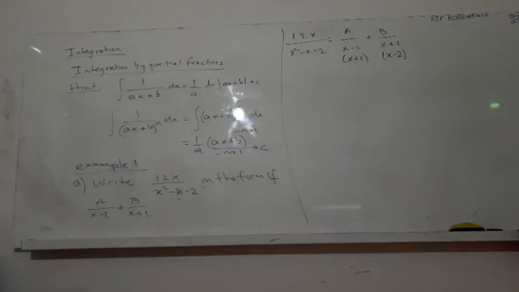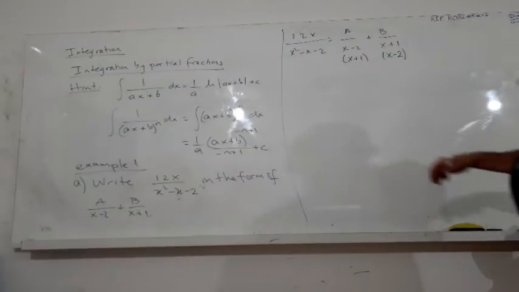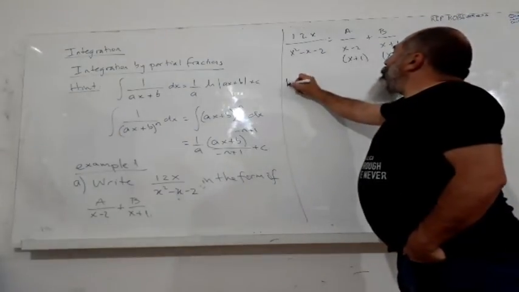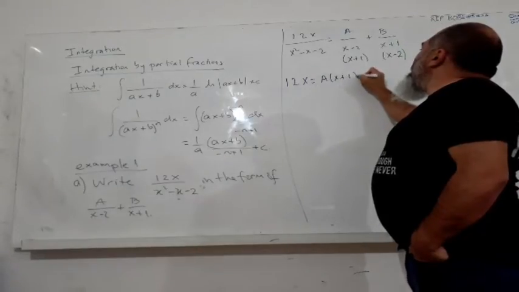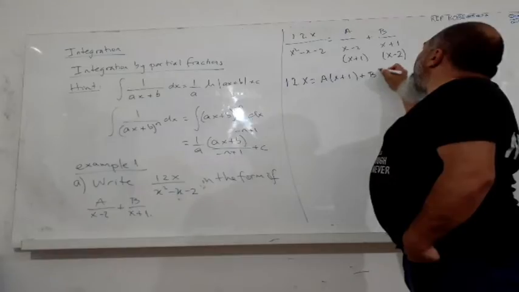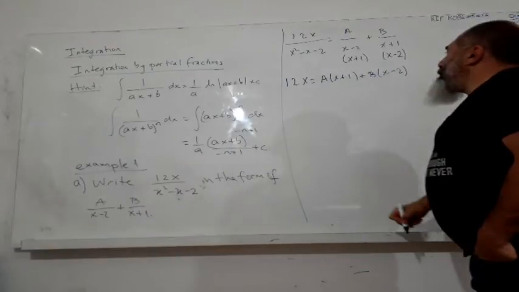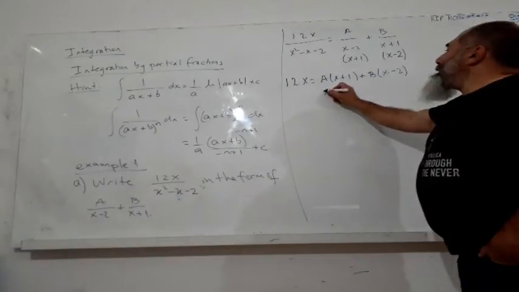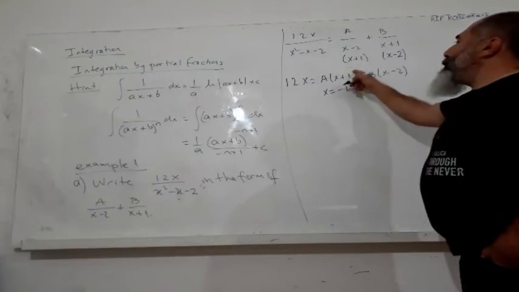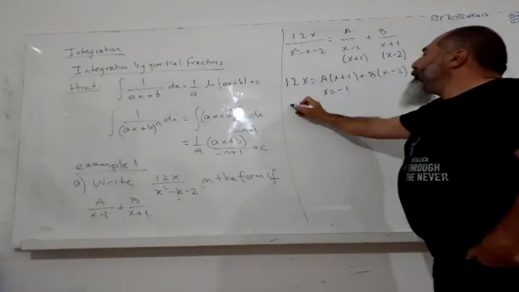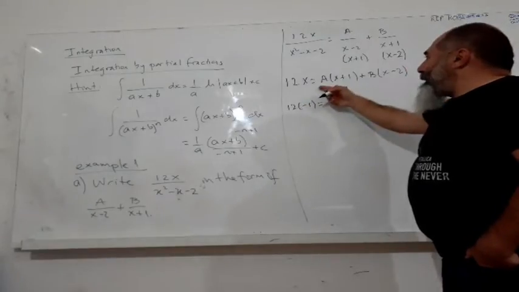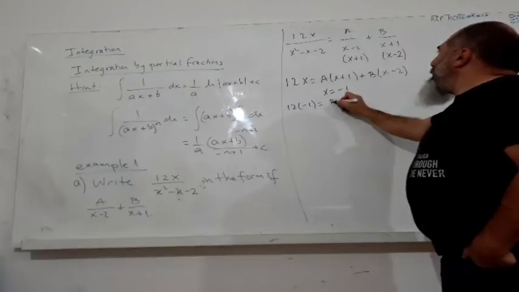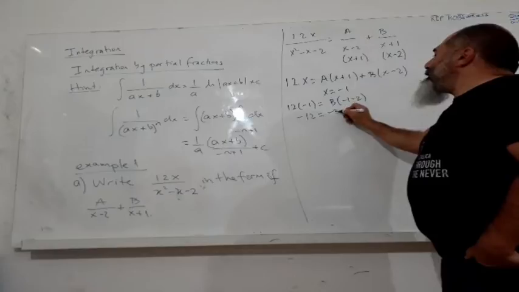So 12x is equal to a(x plus 1) plus b(x minus 2). First, substitute x equal to minus 1 to make that expression 0. So 12 times minus 1 is equal to b times (minus 1 minus 2). Minus 12 is equal to minus 3b, so b is equal to 4.